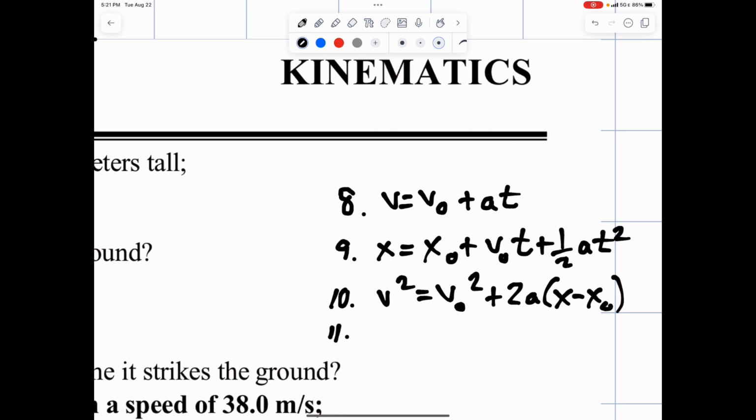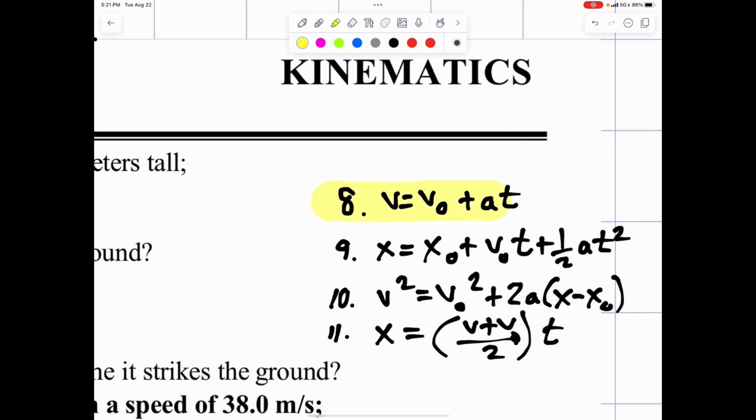And number 11 was X equals V plus V naught over 2 times T. Just to give you a heads up, we're going to be using this one quite a bit and this one quite a bit. We might use the other two every once in a while, but let's be prepared for that.